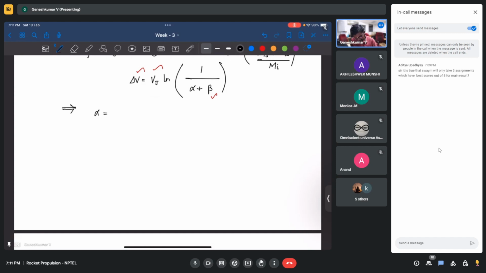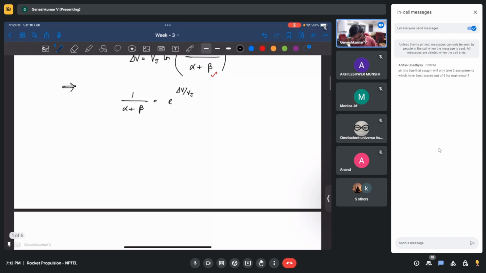Let's say if I want to rewrite this, I can write it as 1 by (alpha plus beta) is equal to exponential of delta V by Vj, and alpha I can write as 1 by exponential of delta V by Vj minus beta.